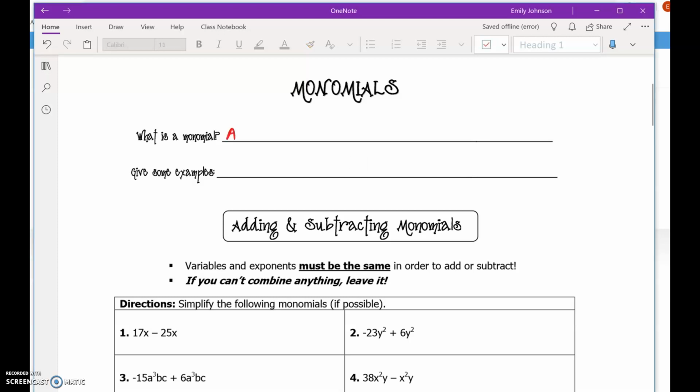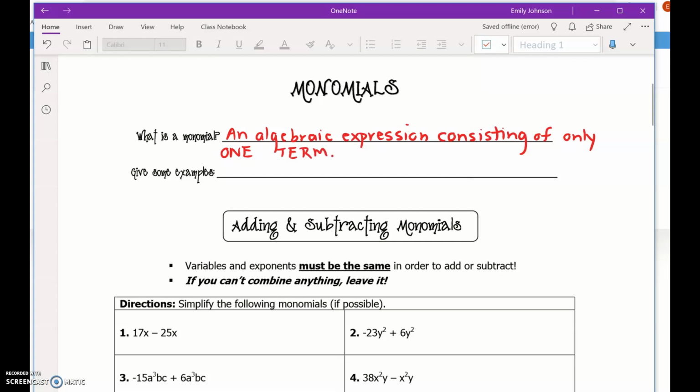It is an algebraic expression consisting of only one term. Now, when I say one term, it could mean a variety of things.